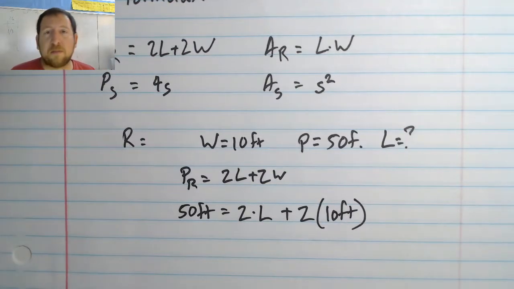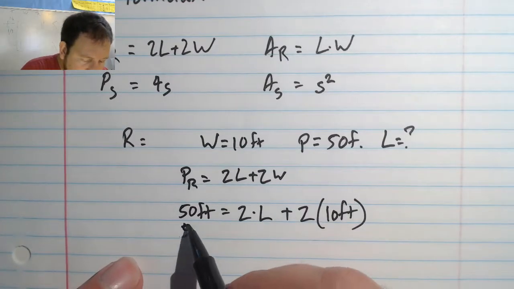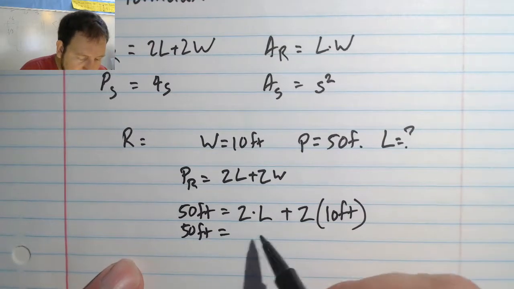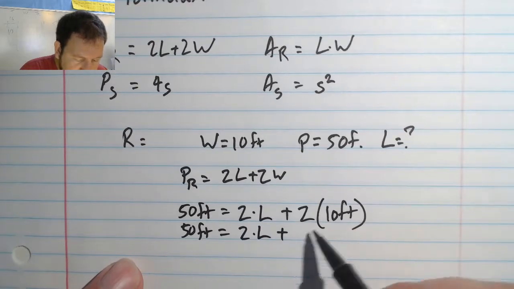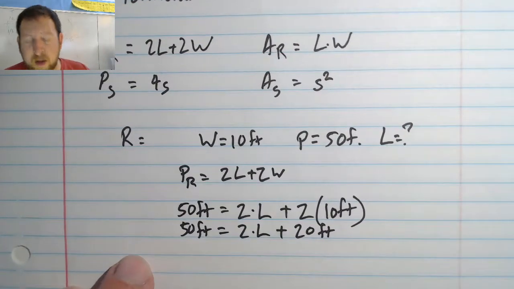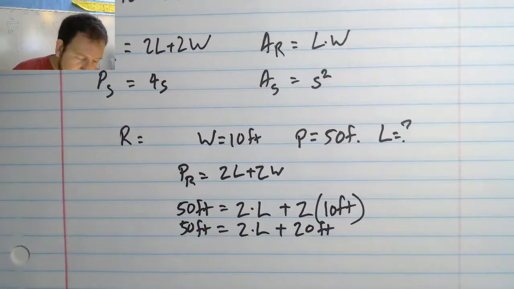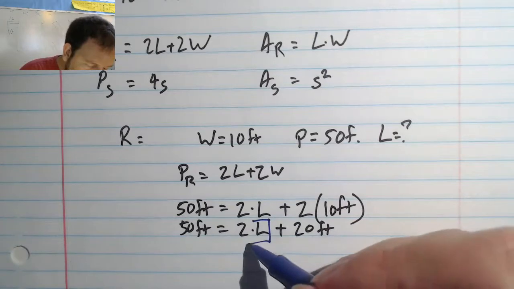Then I'm going to simplify because I do have an operation that I need to do. So I can rewrite this as 50 feet equals 2 times L plus 20 feet, because I just did 2 times 10 feet. So now the question is, what is L?